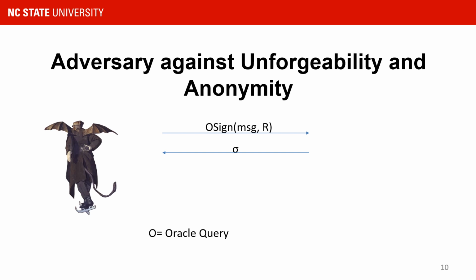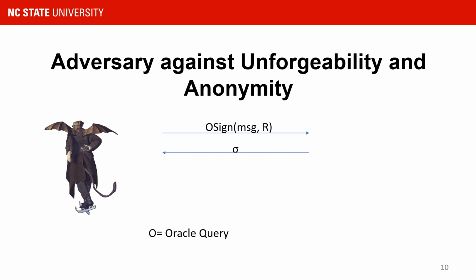Now, the way we actually model the security of a cryptographic protocol for ring signatures in general is we will define an adversary who has certain powers. So this adversary wants to either break the unforgeability or anonymity of the scheme.